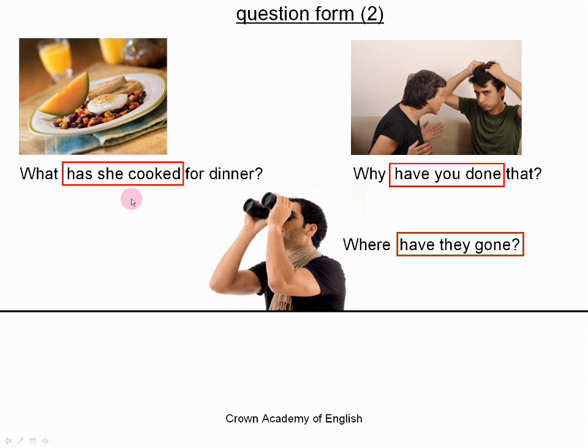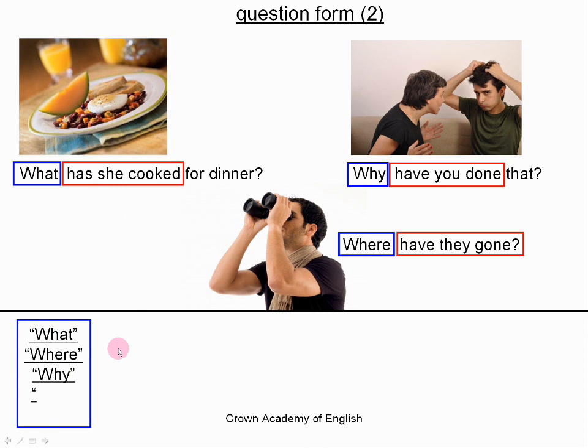We saw that on the previous slide. And we can also ask another type of question by adding a question word before the form, here in blue. So we can ask a question with a question word by adding the question word to the front of the sentence.